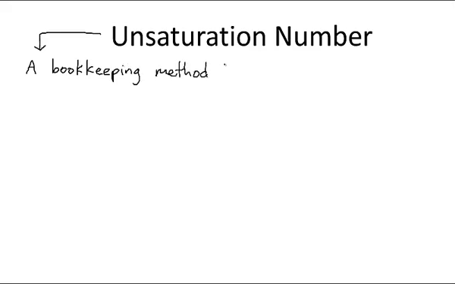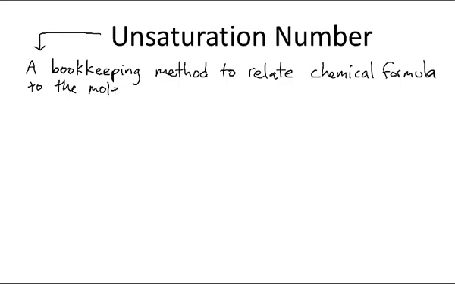This is basically a bookkeeping method to relate the chemical formula to the molecular structure. Some of you would have derived this formula when you worked through the packet. Some of you might have looked up this formula.